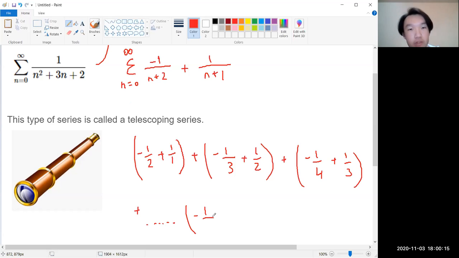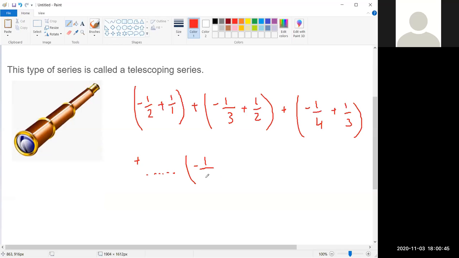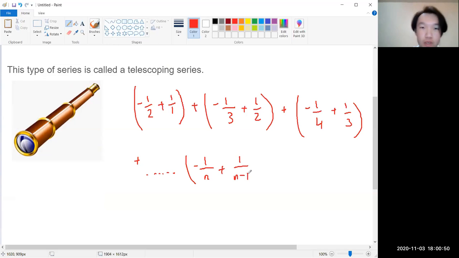Do you guys think you can write down the nth term? Wouldn't it be negative 1 over n plus 1 over n minus 1?